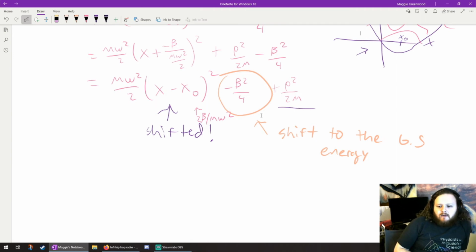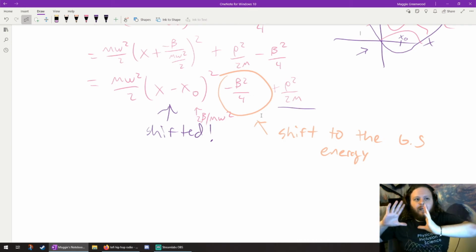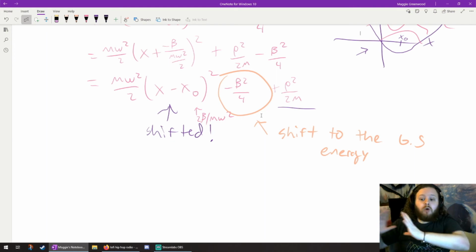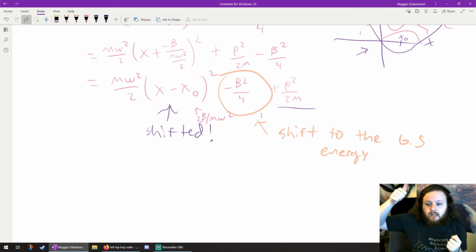I'm still confused on the ground state function. Okay, so let me first say what you would do normally to answer the exact question that you have been asked. To find the function for the ground state of this new Hamiltonian, you would have to solve the damn differential equation.